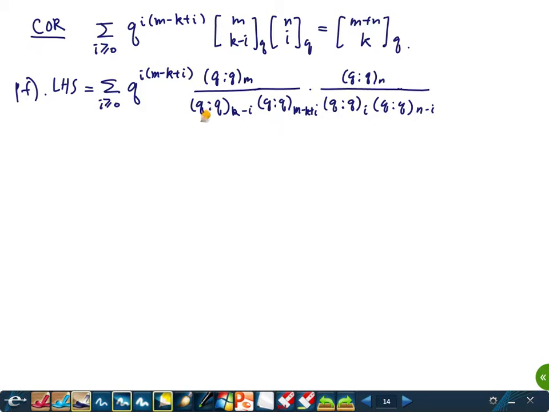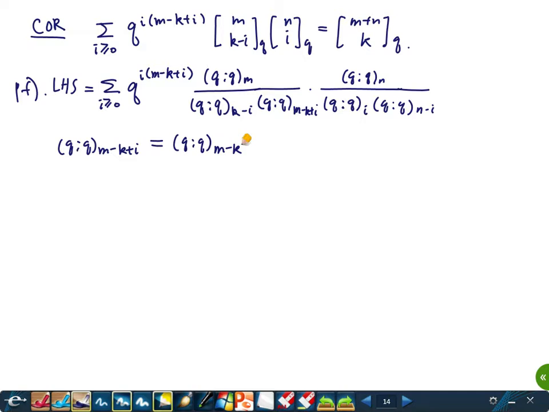So what's this? This thing is good: q to the m minus k plus i. What is that? First we have the m minus k term, right?